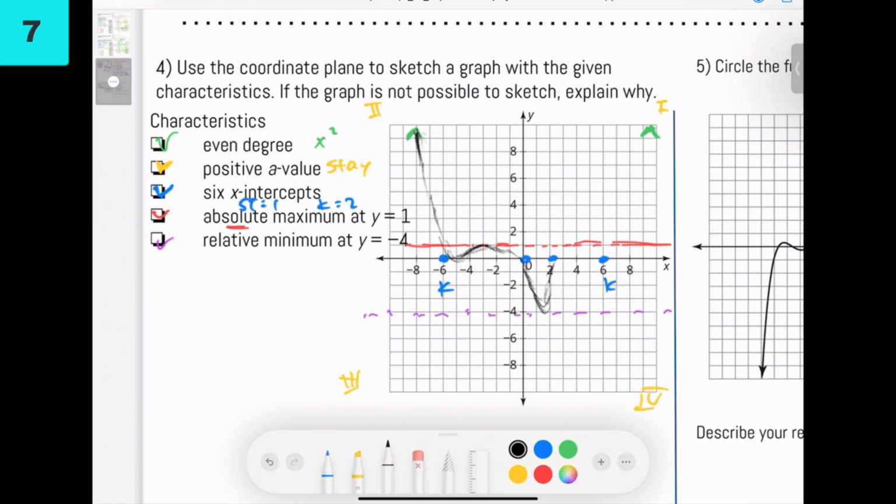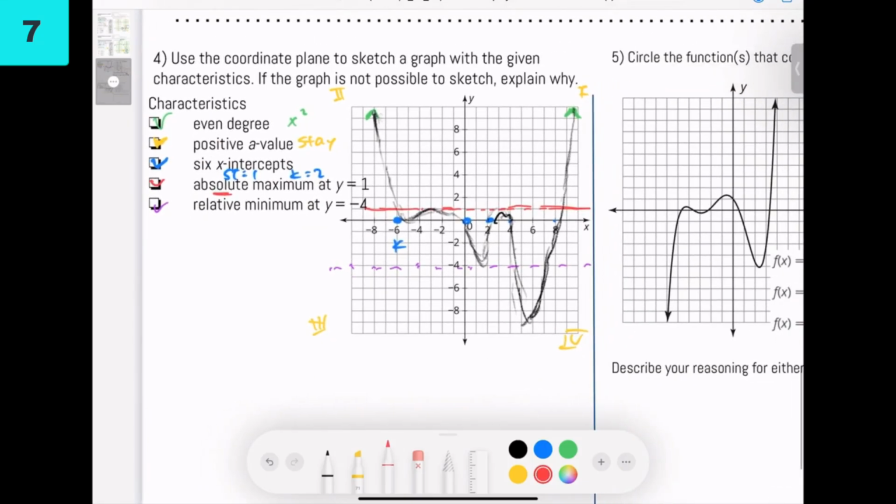Maybe I have to do another shoot-through. Okay. So the big one, I think, is the absolute maximum at -1.